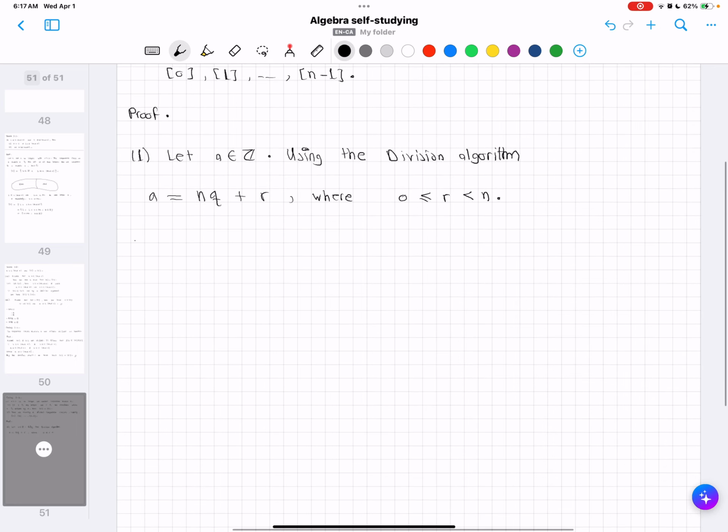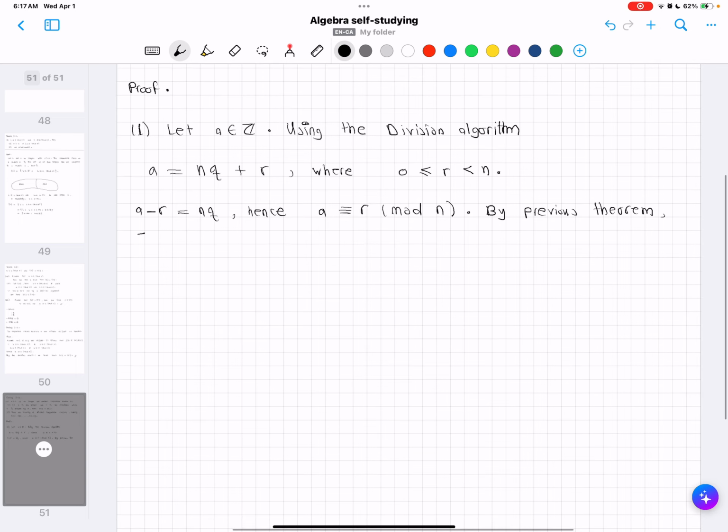Then it follows that a minus r is equal to n times q. Hence, a is congruent to r mod n. And so, by the previous theorem, we have that the class of a is equal to the class of r.